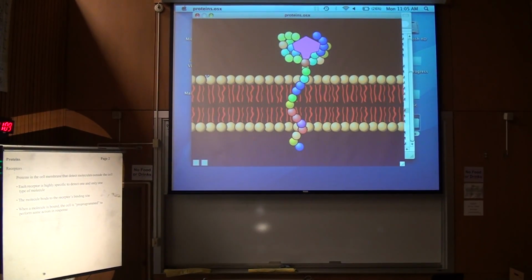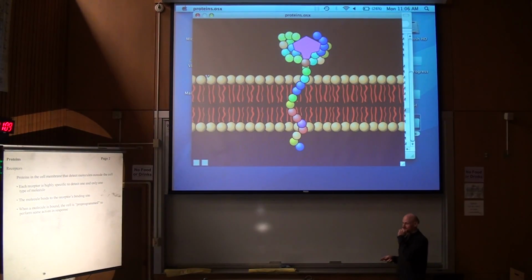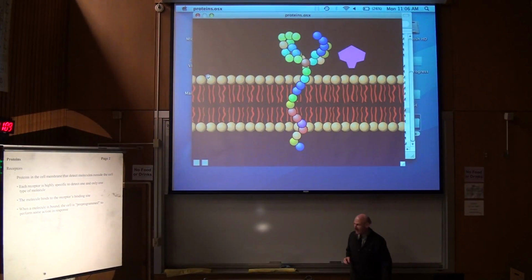But when the receptor does bind to the molecule, the part of the receptor that sticks inside the cell alerts the cell, warning, I'm detected by a molecule. Then the cell gets the message that that molecule is present, and oftentimes the cell will have some particular response to that molecule pre-programmed. Now let's pop that molecule out of the receptor in one moment.